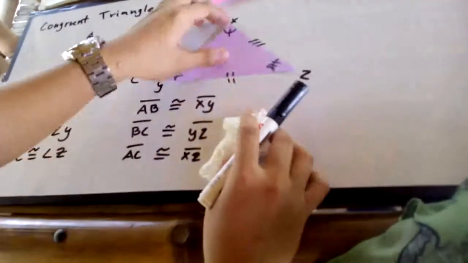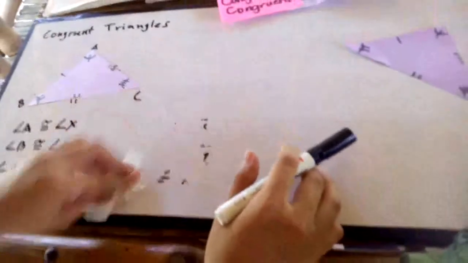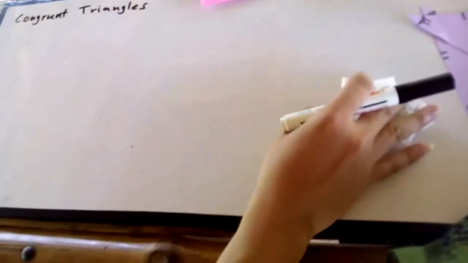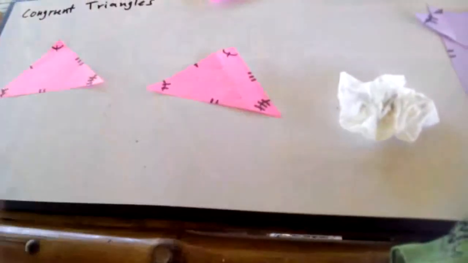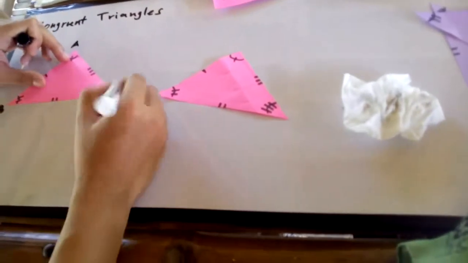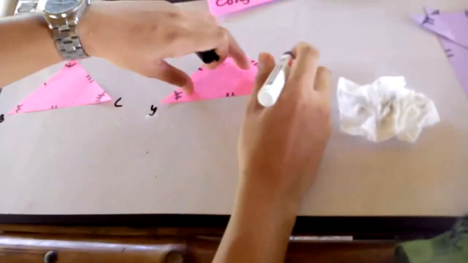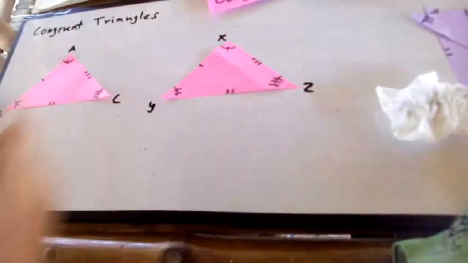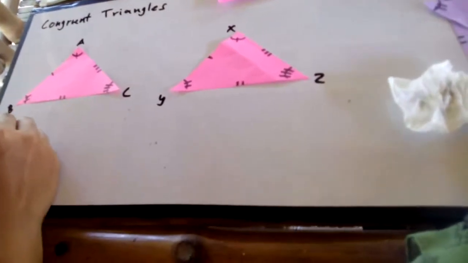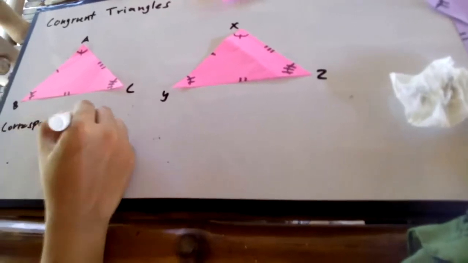So let us now give an example to determine that we really know the corresponding sides and the corresponding angles in each triangle. Let us use again triangle ABC and triangle XYZ. We have here the corresponding vertices.